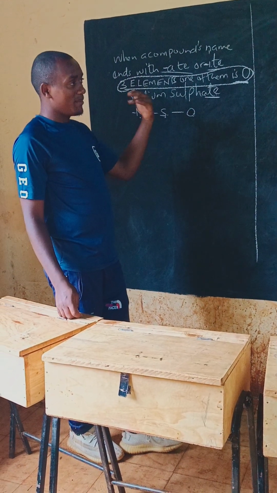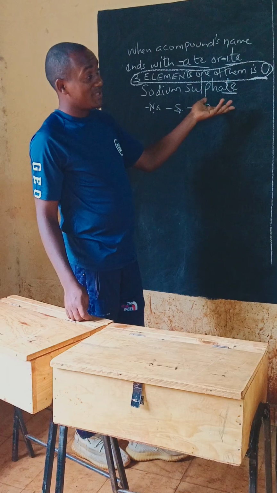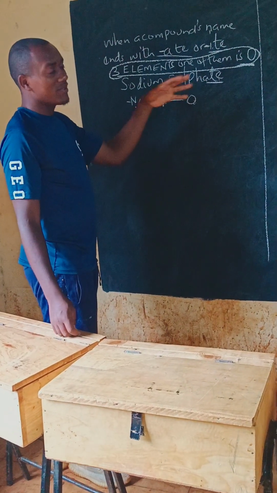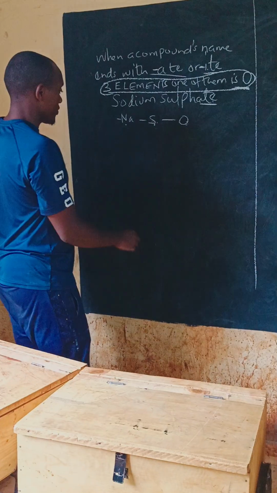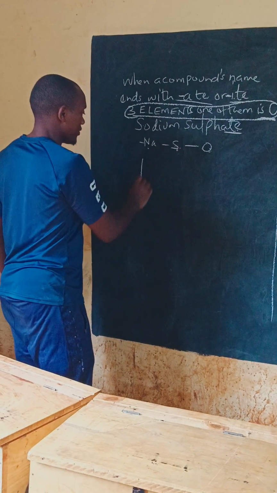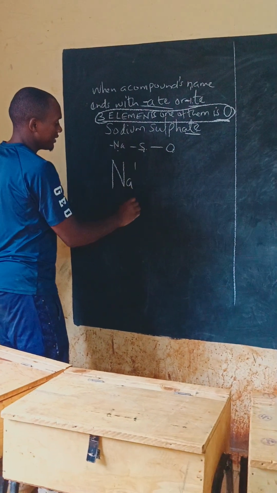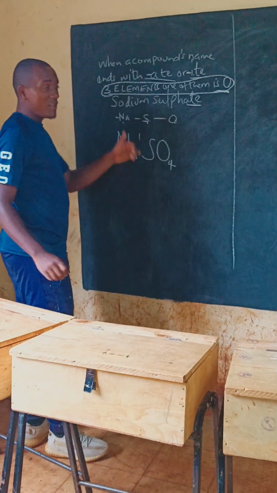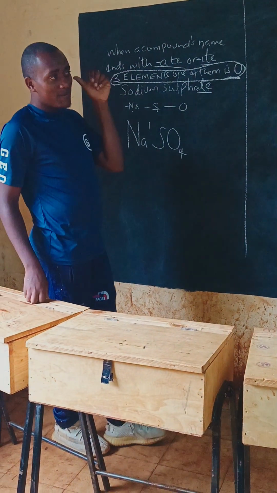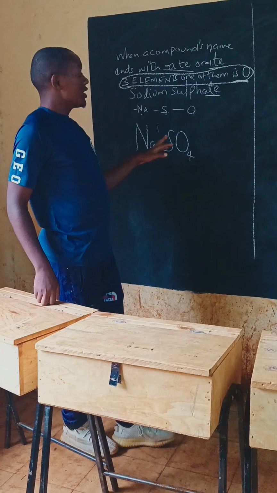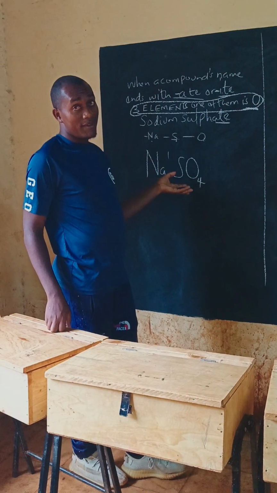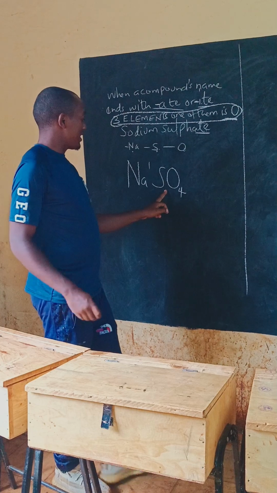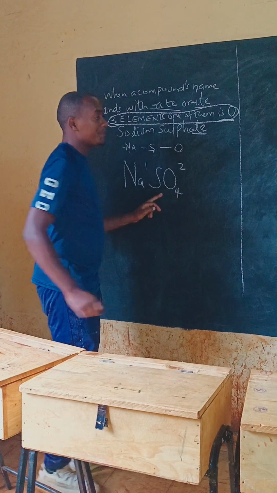This is from Form 1, but it's very crucial and the base of chemistry. So for sulfate, you just need to know the formula. Writing the formula: sodium valency 1, sulfate SO4. In our previous videos, we talked about radicals and their valencies. Sodium is valency 1, sulfate is SO4 valency 2.